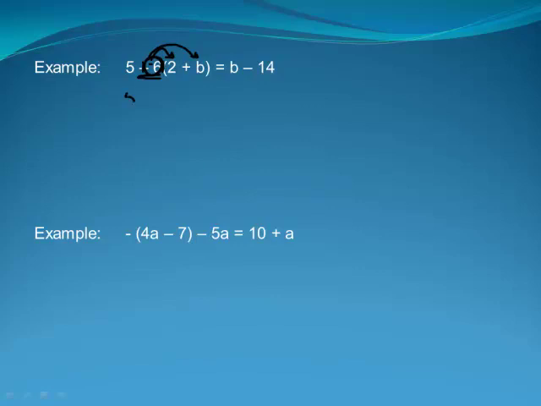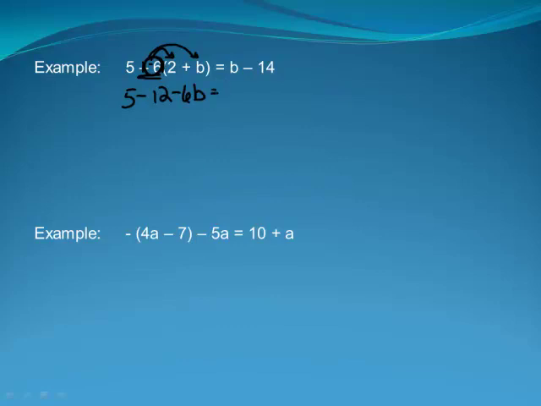So we've got that 5 out in front, which doesn't have anything to do with the group. Minus 6 times 2 is minus 12, and minus 6 times a positive b is minus 6b, or plus a negative 6b if you like that better.